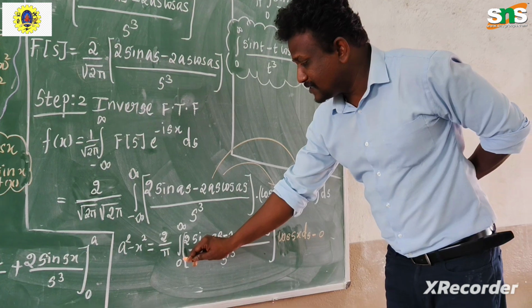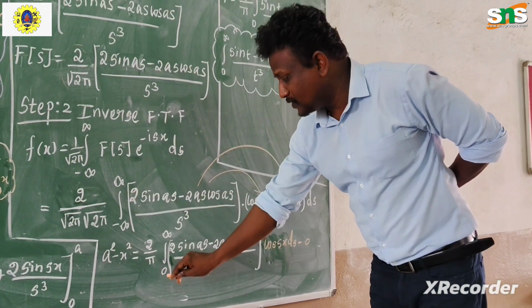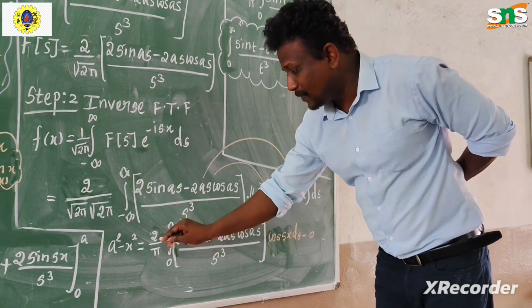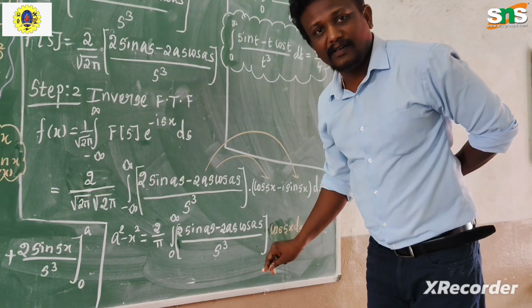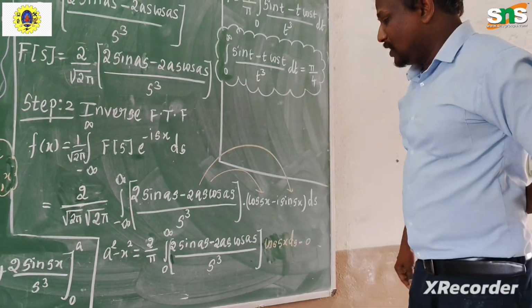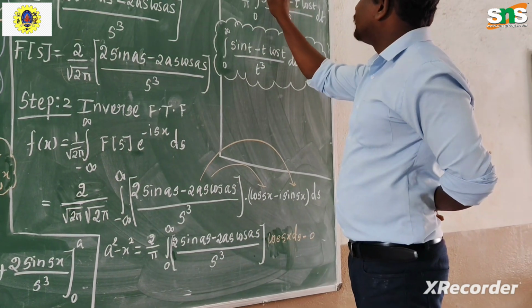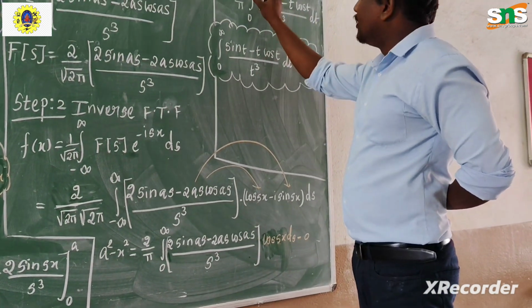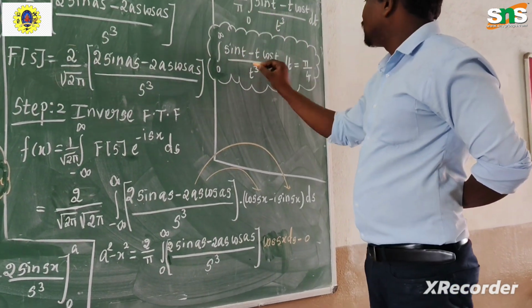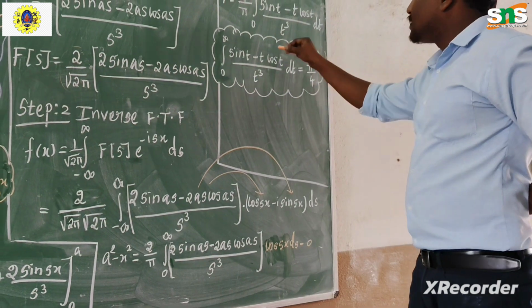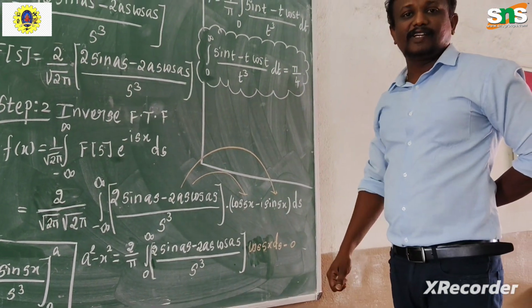When you adjust the limits from this to this, you have to multiply by 2 before this expression, right? So 2 is common. You take 2 outside, and it will become 4. Now you can take cross multiplication and you will get this one. So this is your expected result, right?